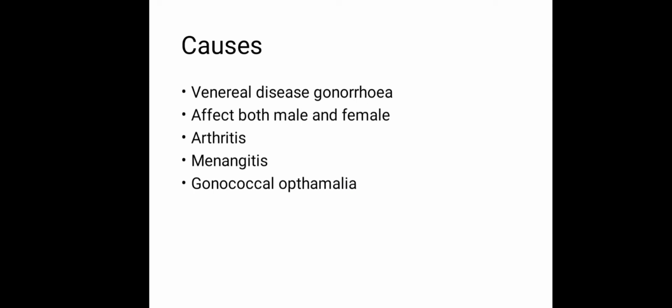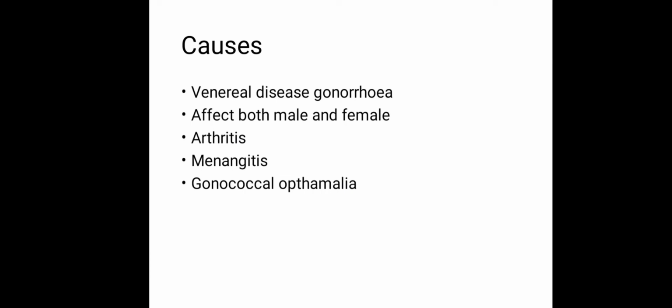In case of the female, it goes through the urethra, cervix, uteri and the Bartholin glands, endometrium and the fallopian tube. This leads to the sterility of the female when it reaches to the fallopian tube.